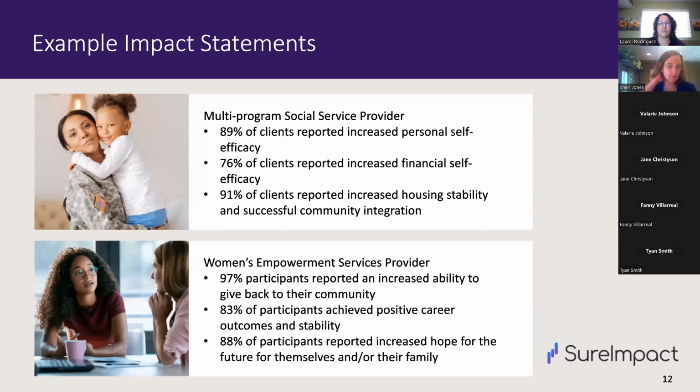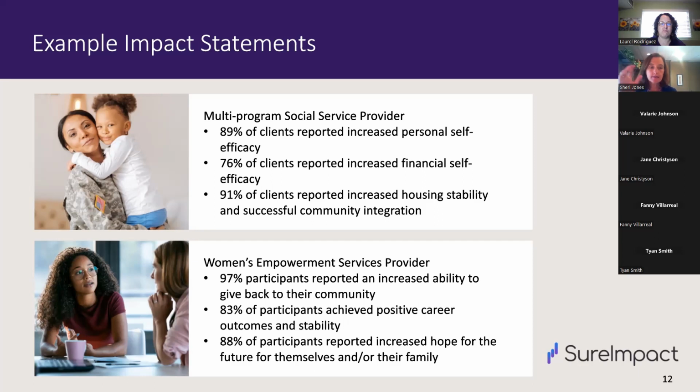So here's some examples. I gave you some stories, but here's some examples of impact statements. So let's think of a multi-program service provider. They can talk about the percentage of their clients who reported increased personal self-efficacy, the percentage of clients who reported increased financial self-efficacy, and the percentage of clients who reported increased housing stability and successful community integration.